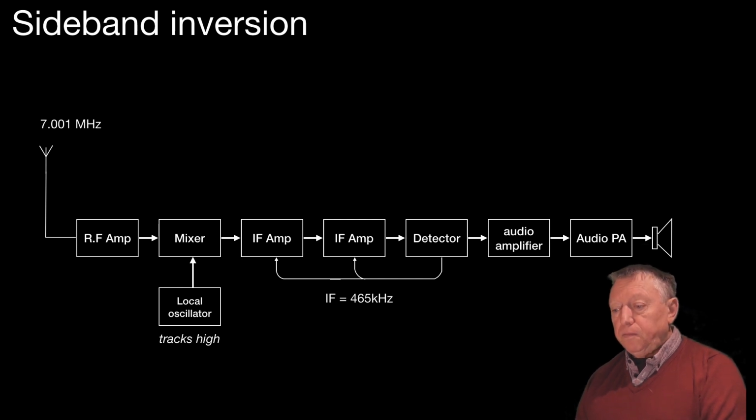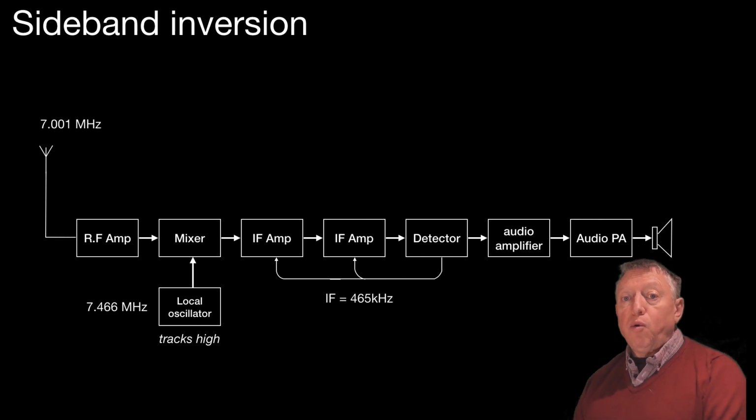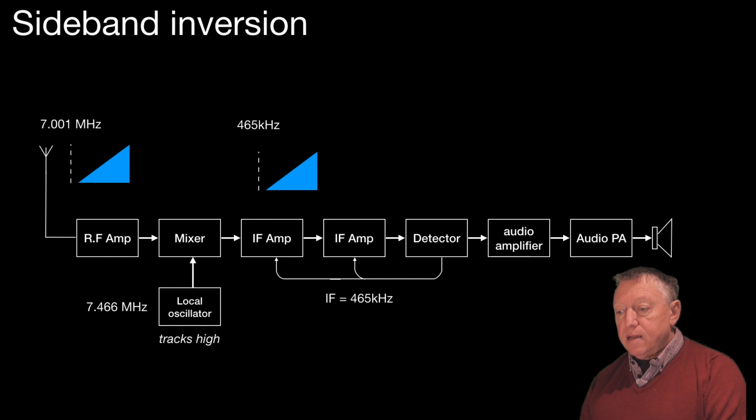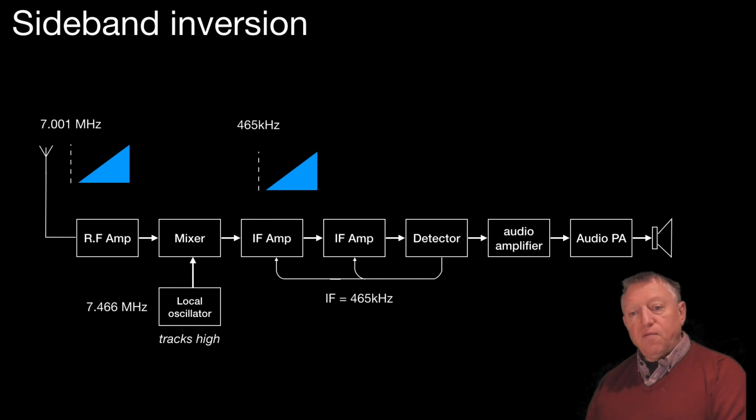If the local oscillator tracks high and the IF is 465 kilohertz, then our local oscillator needs to be tuned to 7.466 megahertz, and we will select the difference frequencies, F2 minus F1 in this case, to get 465.